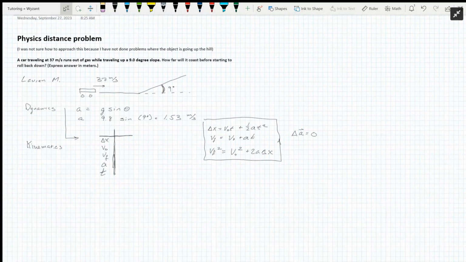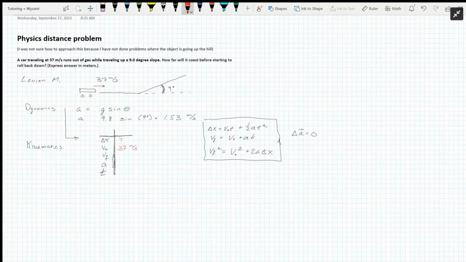In this problem, we're going to use this table here, and we're going to ask, what do we know and what are we asked to find? Going down the table and reading the problem, we are asked to find the distance, or displacement, how far, before starting to roll back. Its initial velocity, we know, is 37 meters per second. That's pretty fast.